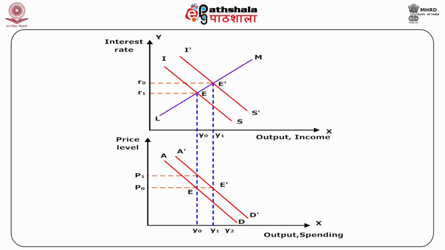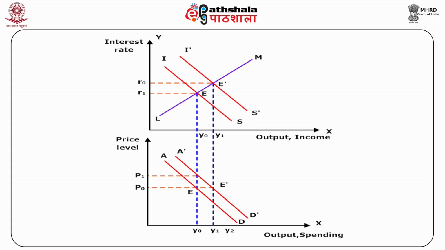If we consider the price level to be the same, then there would be excess demand at E prime. But if we consider a new aggregate demand function at the new price level, then the price level would go up for the same given level of output, Y0.